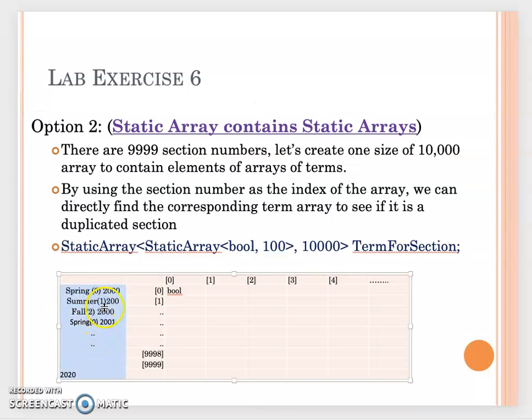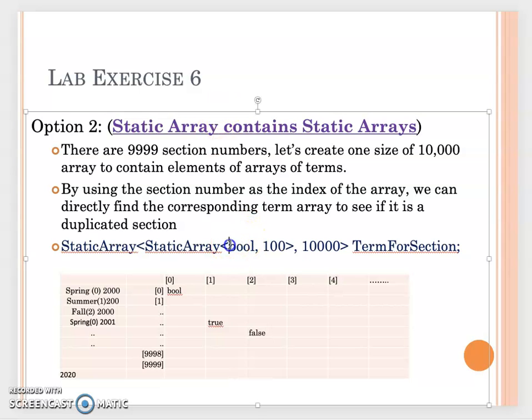For each term you need to find a way to parse the data, then convert it to an index. If you can do so, then every time you do the duplicate check, you can right away use your index value to find the value here and see whether it is true or false. Of course by default, because it is the bool data type, all the values will be false.